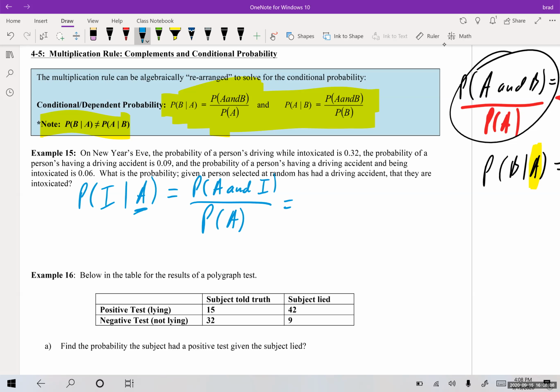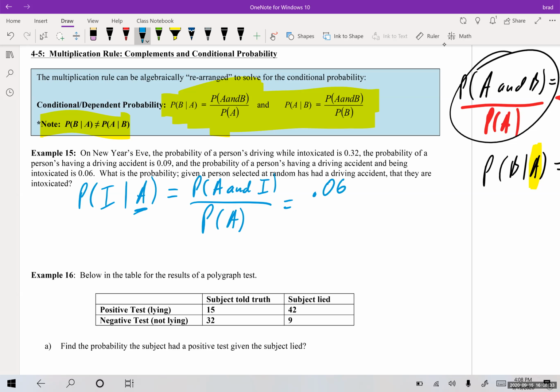So I come over here and look at the statement. The probability of a person driving while intoxicated is 0.32. The probability of a person having a driving accident is 0.09. And the probability of a person having a driving accident and being intoxicated is 0.06.